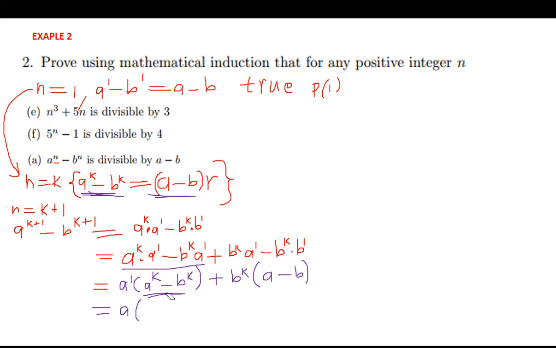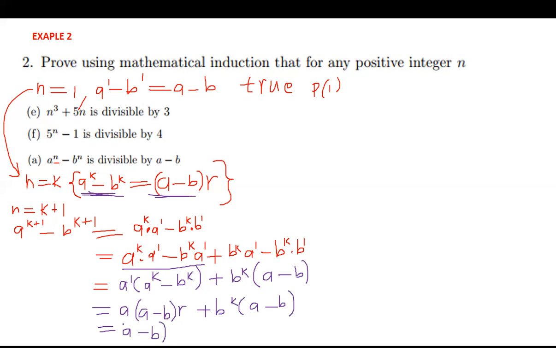So I'm going to replace that expression by a minus b times r. And then I'm going to have plus b raised to power k, then open brackets, a minus b. So here now we can factorize. Which one is common there? A minus b is common.